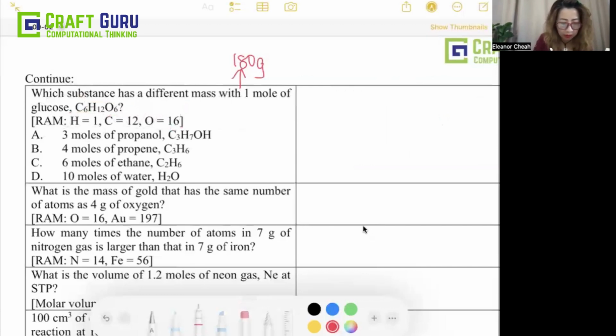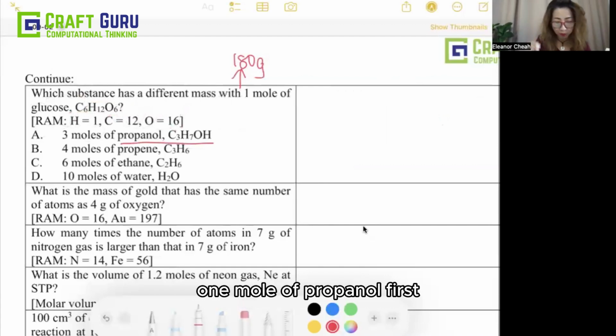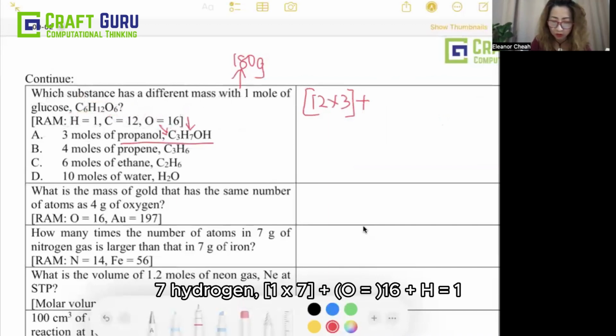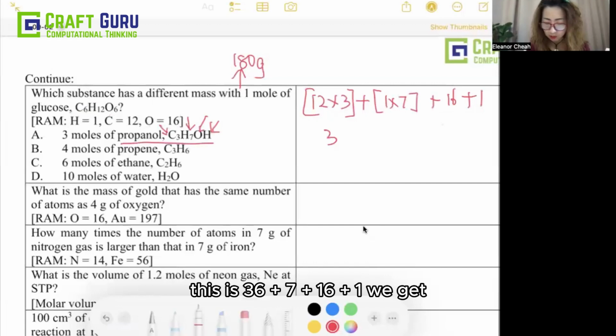For propanol, what is the mass of 1 mole of propanol first? So 3 carbon, 12 times 3, plus 7 hydrogen, 1 times 7, plus O, 16, plus H is 1. This is 36 plus 7 plus 16 plus 1.